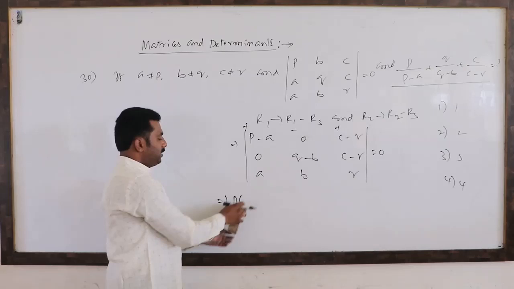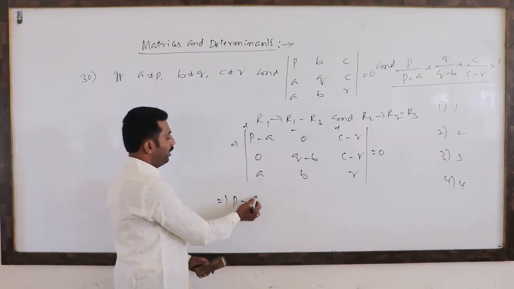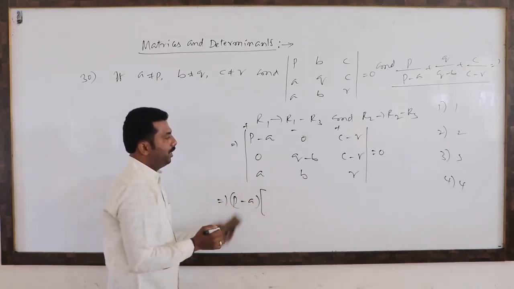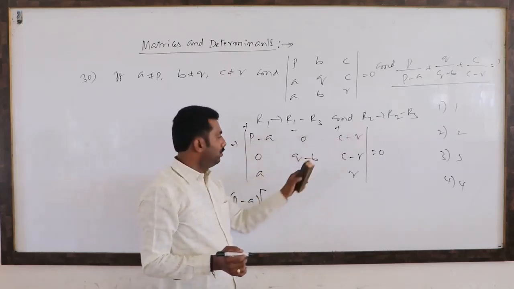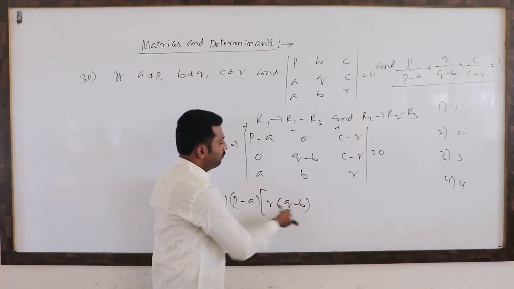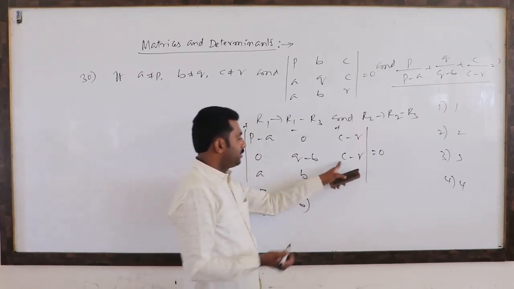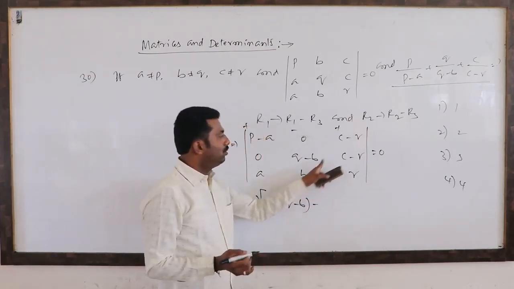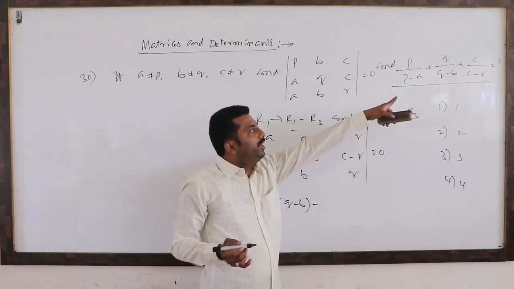So P minus A into, if you close this column and this row, these two, R into Q minus B minus B into C minus R. But what we required?